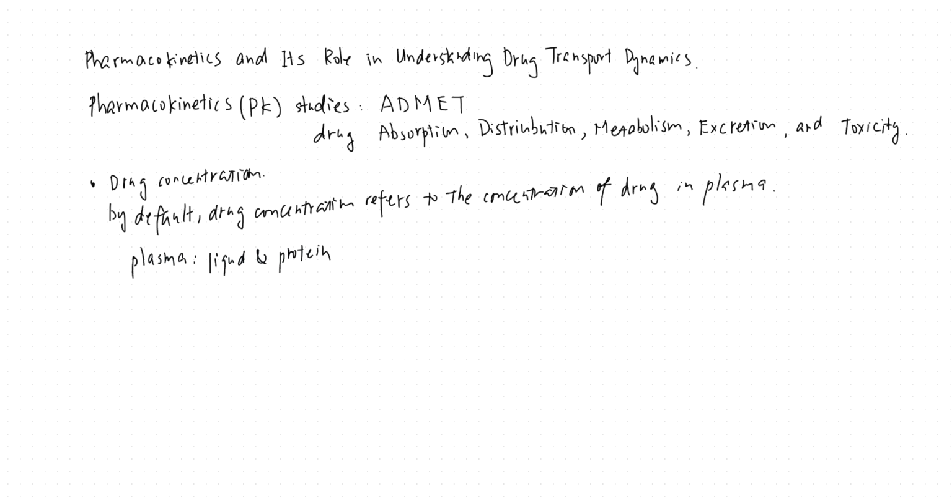If you think about the drug within the plasma, it can exist in the liquid phase, and it can also bind to protein. So when people talk about the concentration of drug in plasma, sometimes they refer to the total concentration. Sometimes they may be specific about which concentration they refer to.